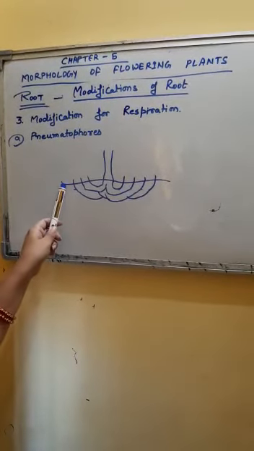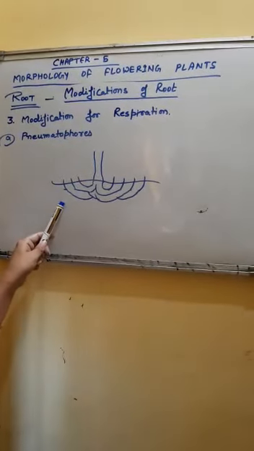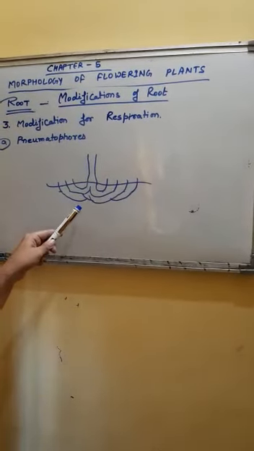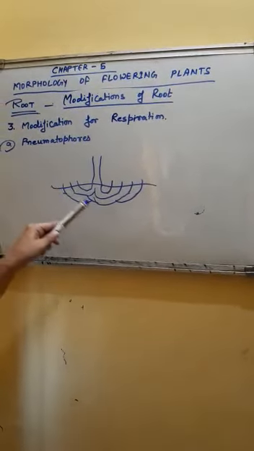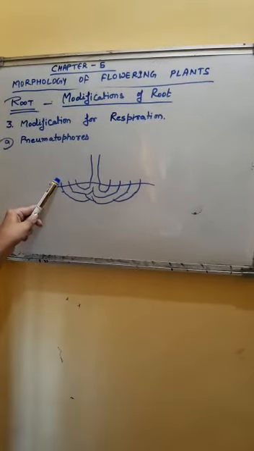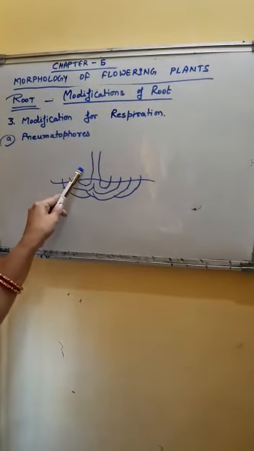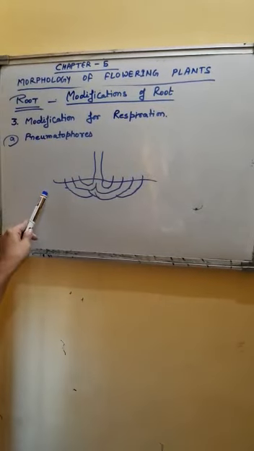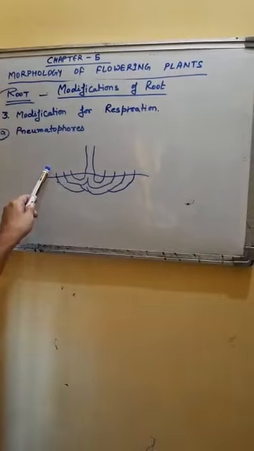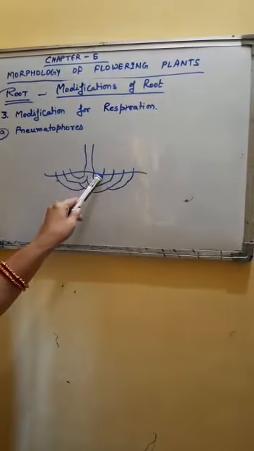Since the marshy plants are not able to get enough air, air is not present inside the soil, so the roots grow upwards. You can see over here, roots grow upwards and emerge out above the ground to get oxygen for respiration. Such roots are called pneumatophores. If you look at the plants, you will see that around the plants several small branches are coming.